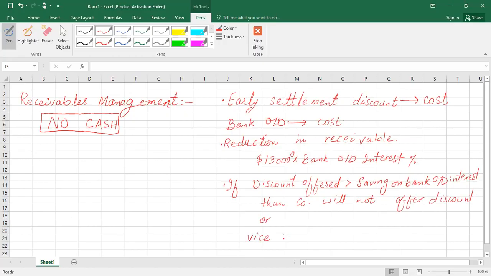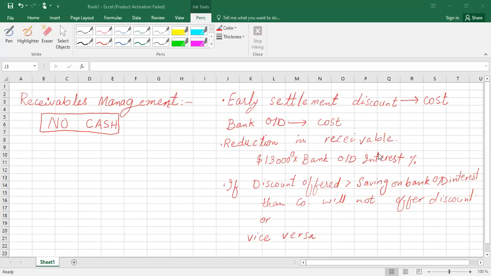If discount offered is less than saving on bank OD interest, then company will offer discount to their customers for early settlement.